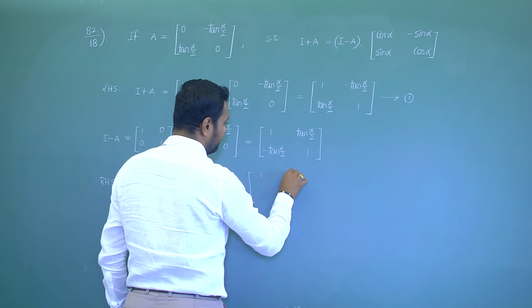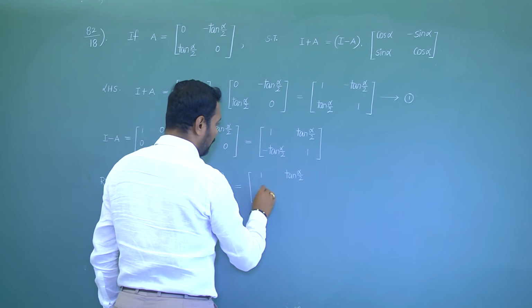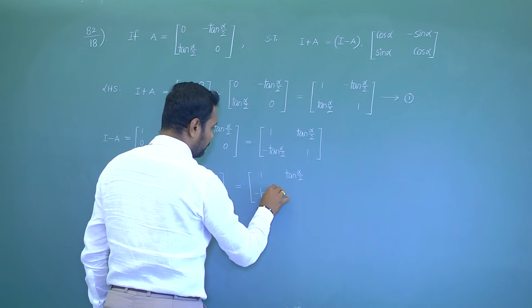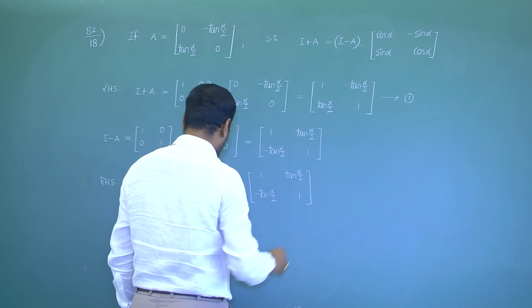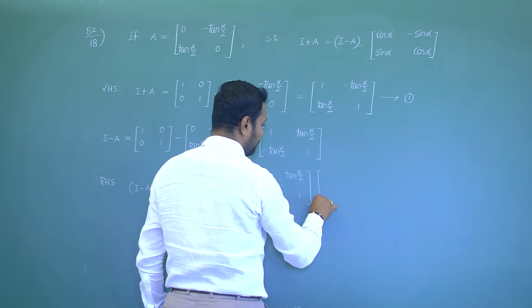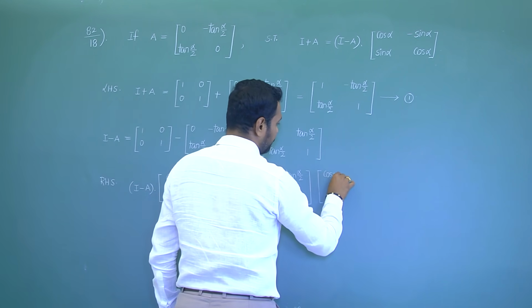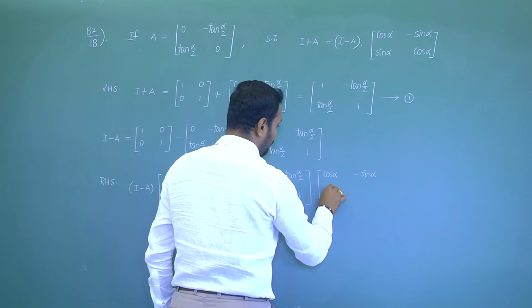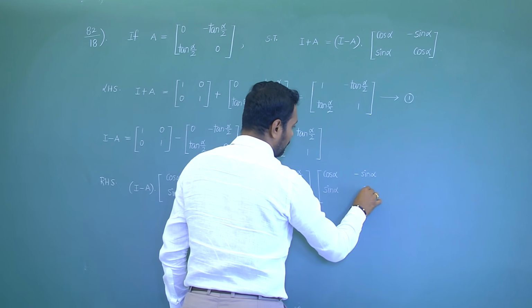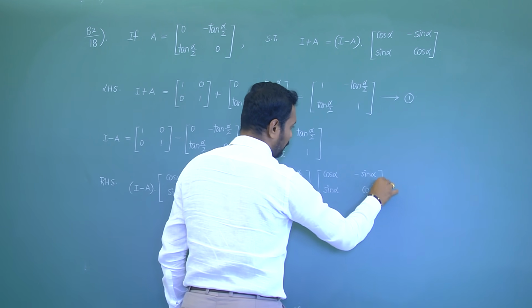It means [1, tan alpha by 2; minus tan alpha by 2, 1] into [cos alpha, minus sin alpha; sin alpha, cos alpha].